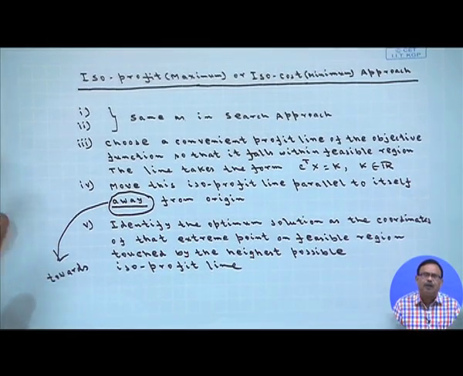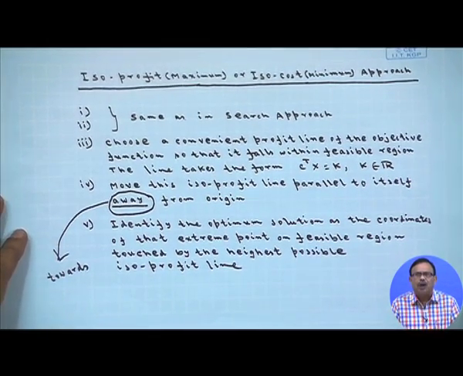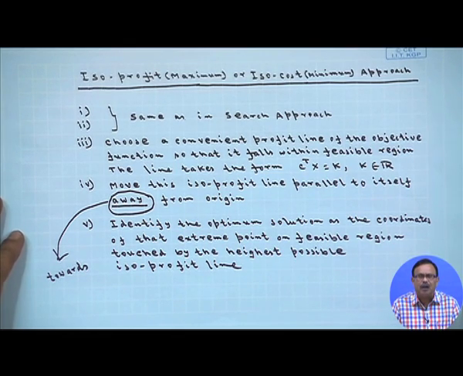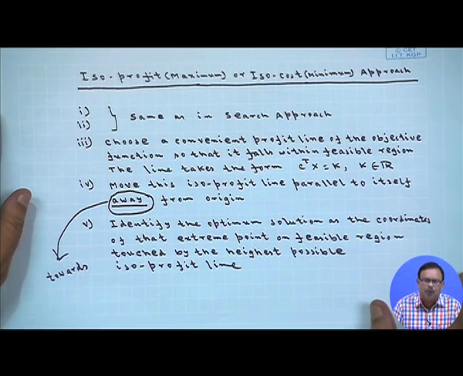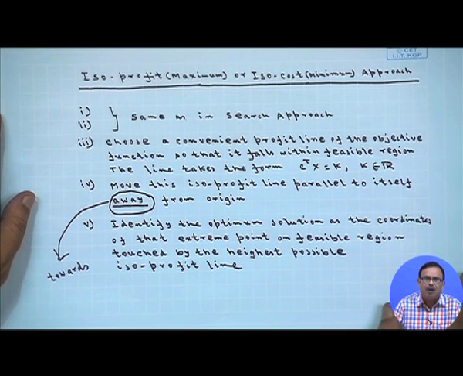So, I think for finding the solution of an LPP graphically, we will go through both the search approach as well as the ISO profit or ISO cost approach. Same problem we will try to solve in both ways, so that you can understand how it works.